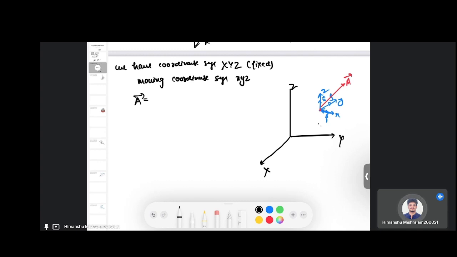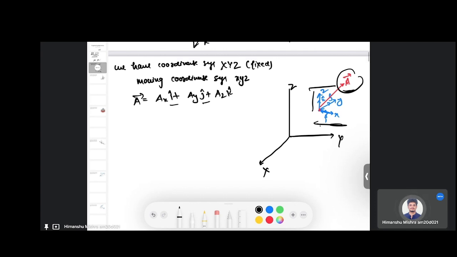It can be given as ax i cap, ay j cap, and az k cap. A is some vector, right? And I am specifying this vector in the moving coordinate system, blue color, which I have written in terms of small x, small y, and small z, in the direction of i cap, j cap, and k cap.